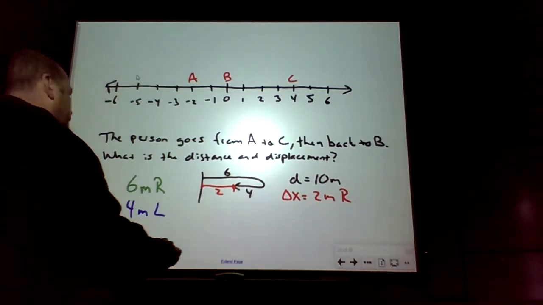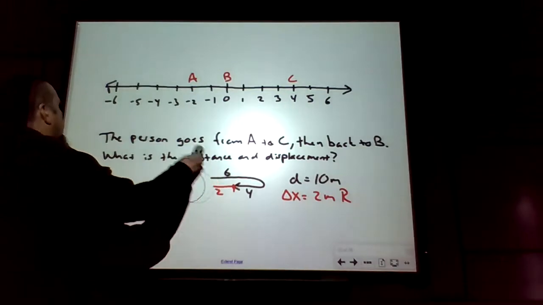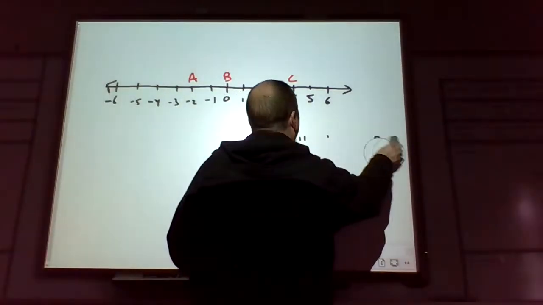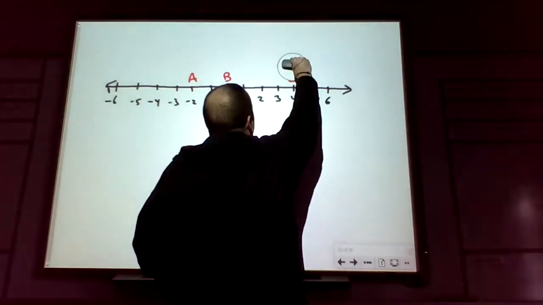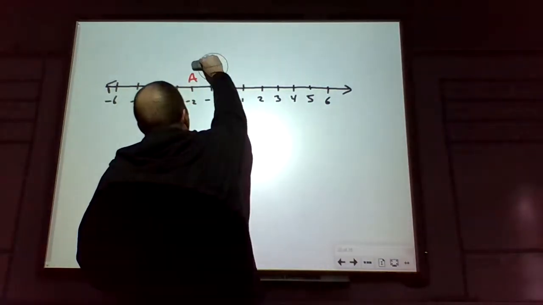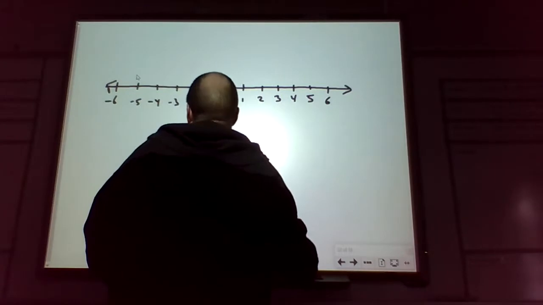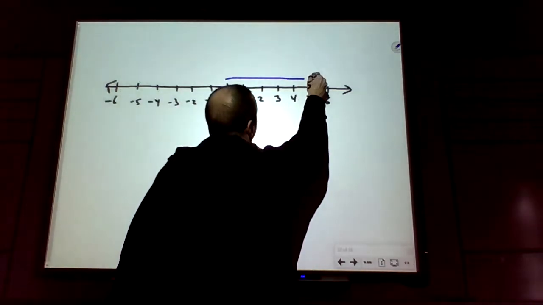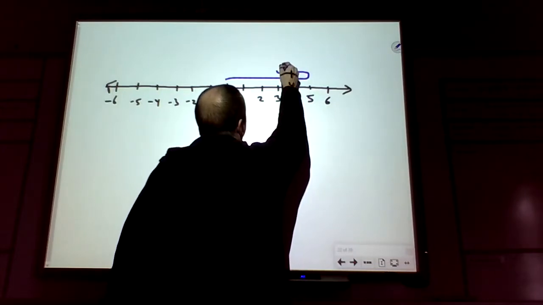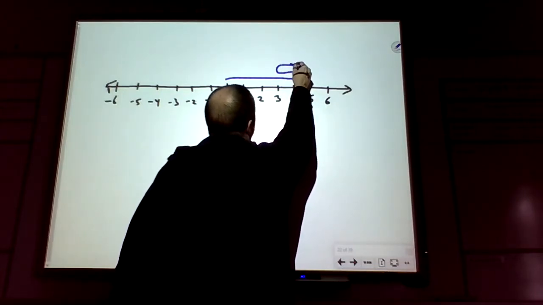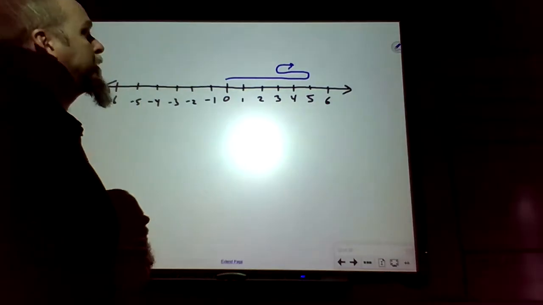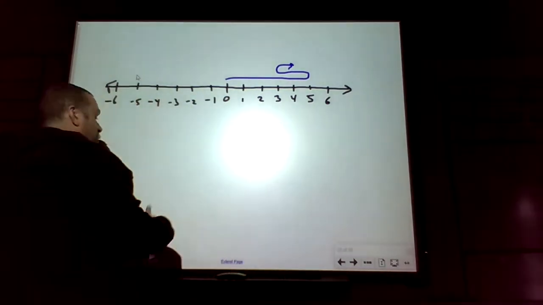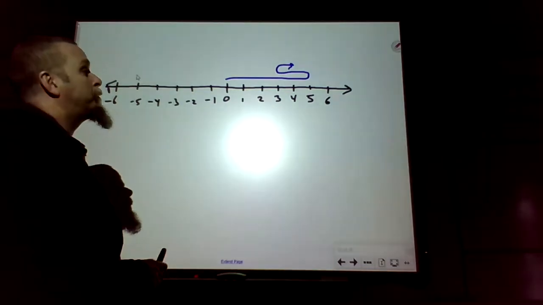Now, the second way that we could illustrate or show you this motion is instead of putting letters on the number line, we could draw some arrows. Draw something like this, and ask you for the distance and the displacement. Again, we got to start by going through and figuring out what each part is.